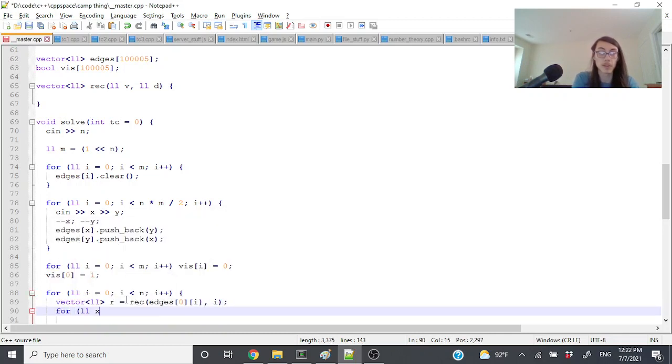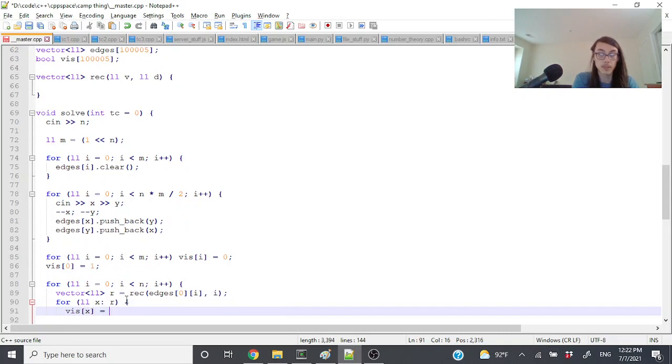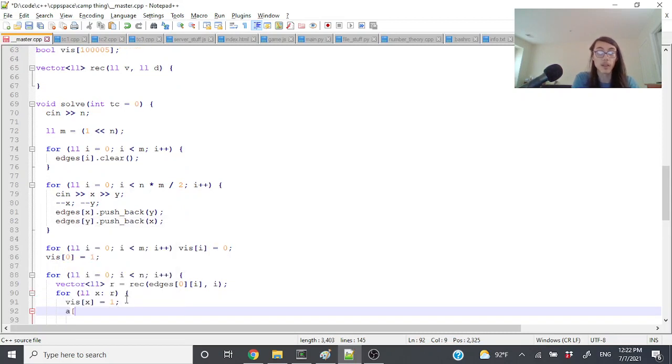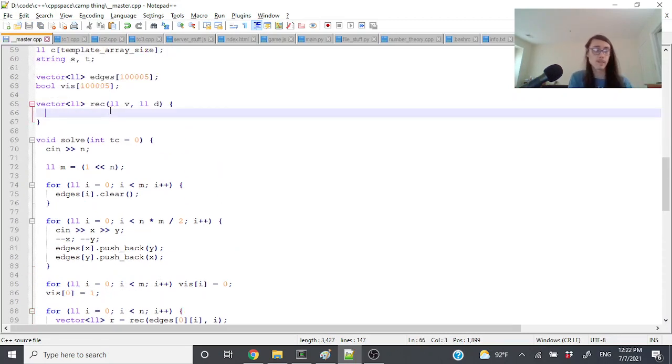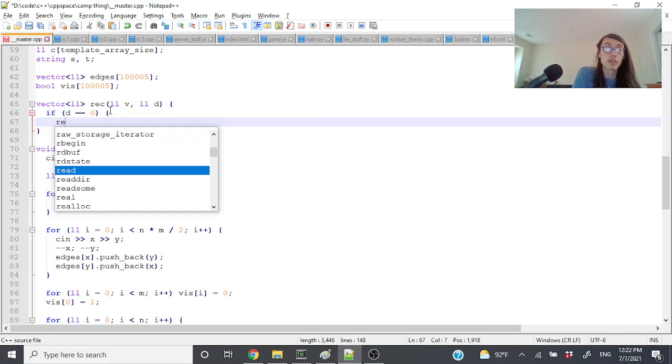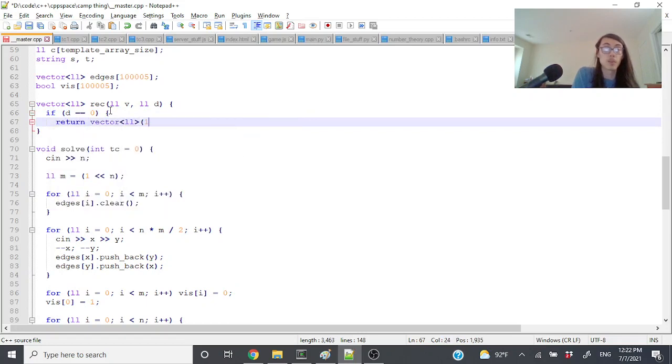Now, for LXR, this x is equal to 1, AX plus equals the I. Now, with here, if d is equal to 0, return vector LL1V.